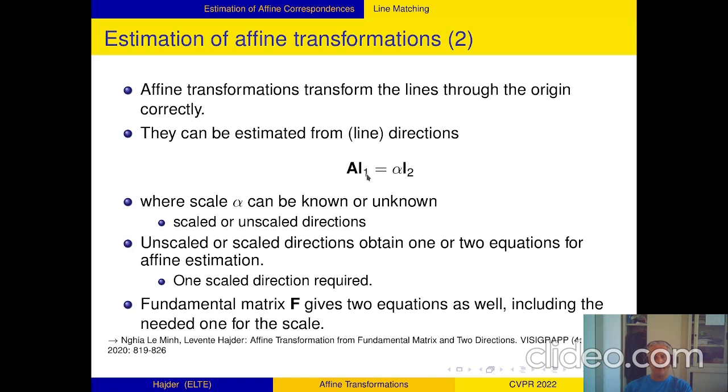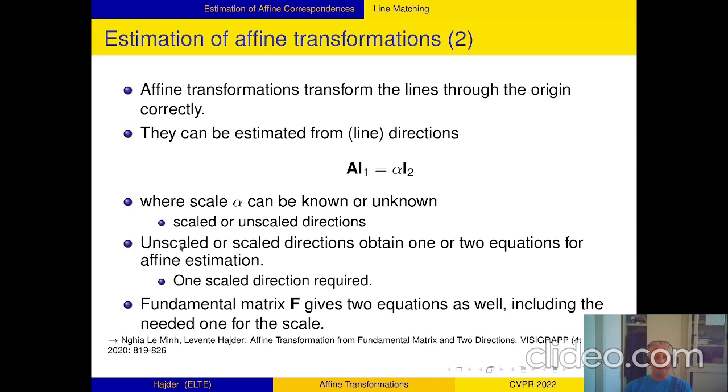If we have line L1 in the first image and we multiply it by the affine transformation, then the second direction L2 can be retrieved. However, the scale itself can be known or unknown. If it's known, then alpha is known. This is a real value, a scaling parameter. Otherwise, alpha is an unknown parameter which should be involved in the estimation of the affine parameters.